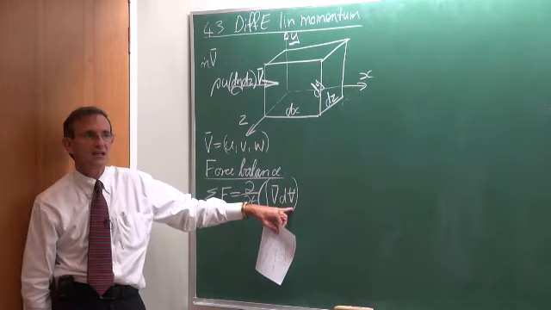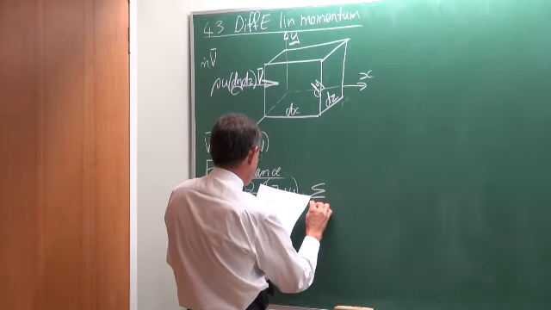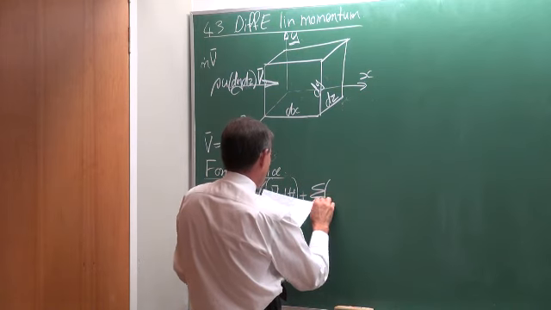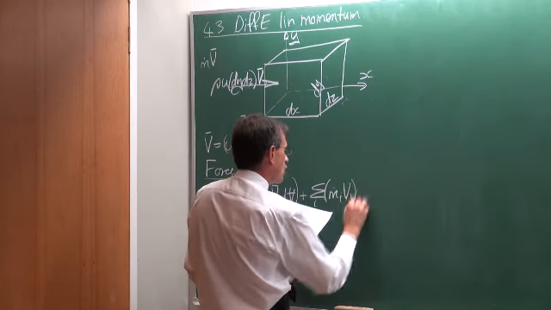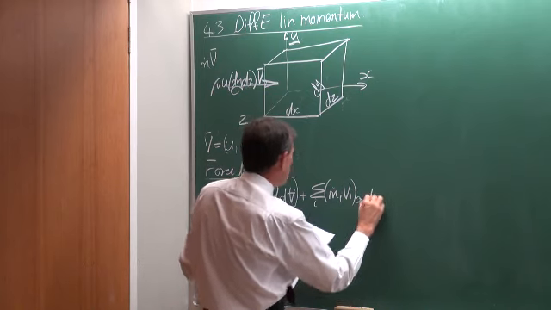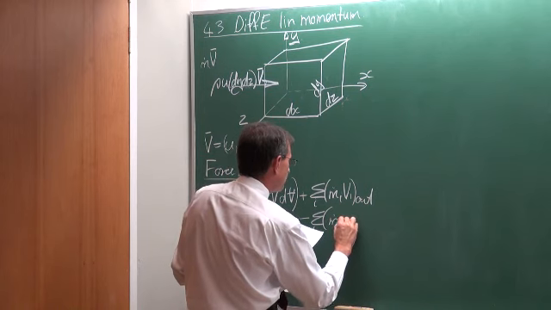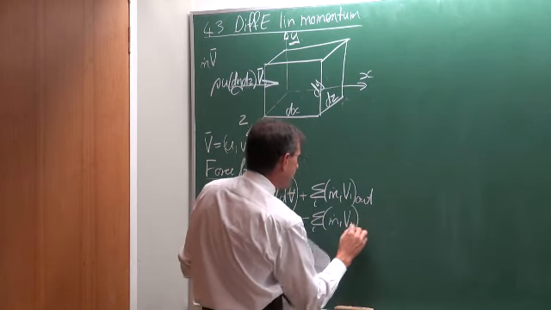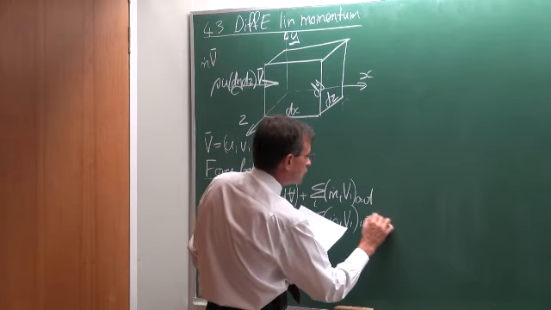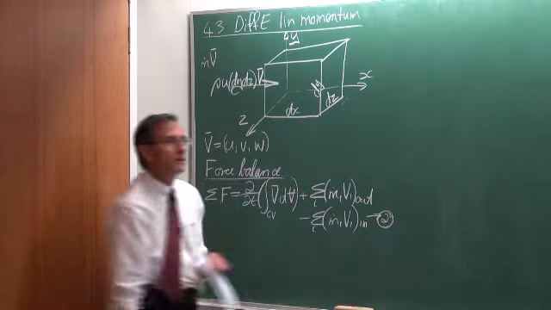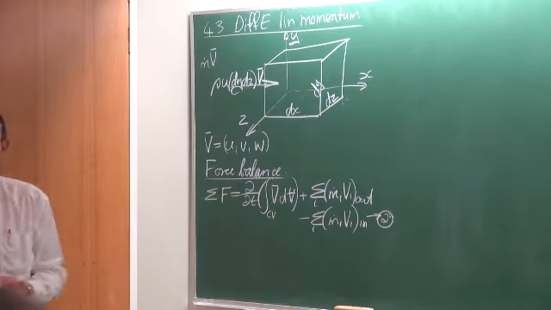Take note, this V is the volume. Plus the sum over i of the mass flow rate out multiplied by the velocity out, minus the sum over i of the mass flow rate in multiplied by the velocity in. Let's call that equation 2, because equation 1 would be the continuity equation.